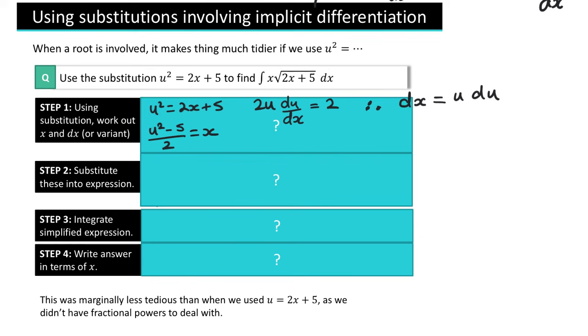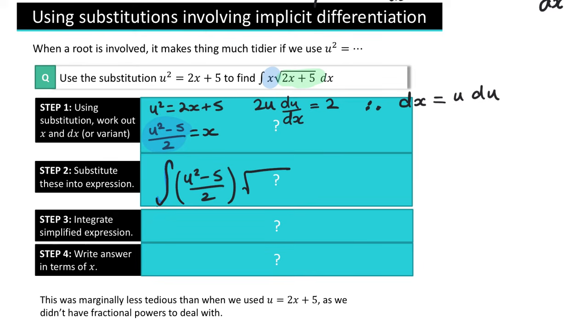So now we're going to substitute in everything we know. So, here we go. The first one is x. What is x? Yeah, u squared minus 5 over 2. So that's the first thing I'm going to put in here: u squared minus 5 over 2. Then I have to put the square root of 2x plus 5.